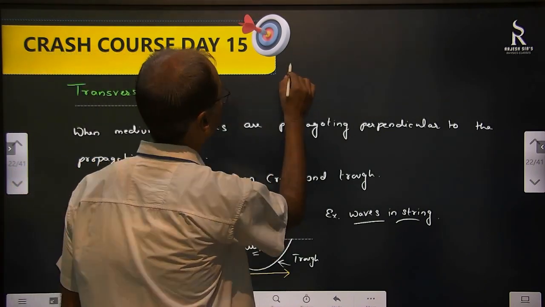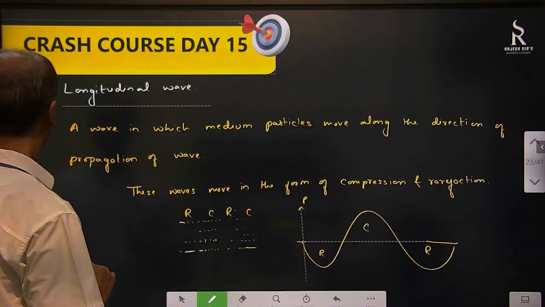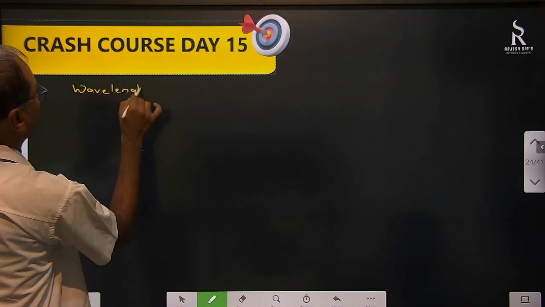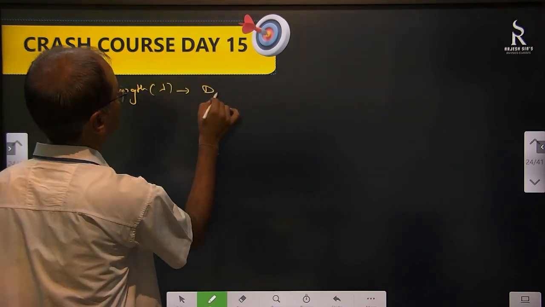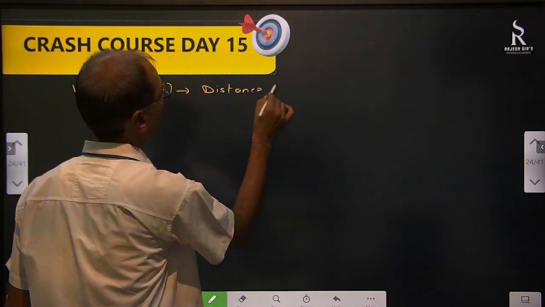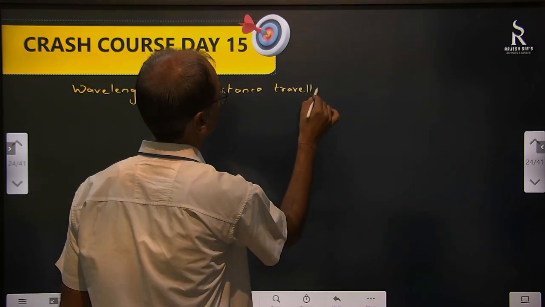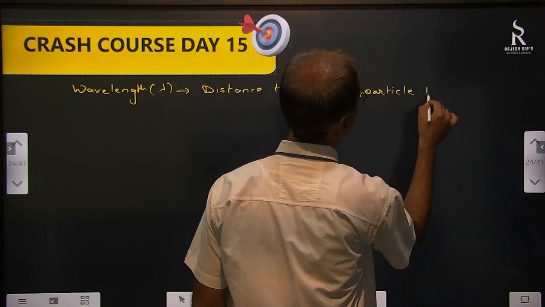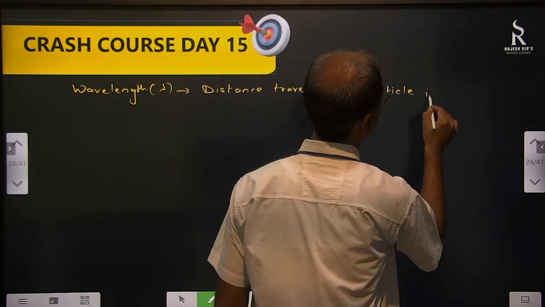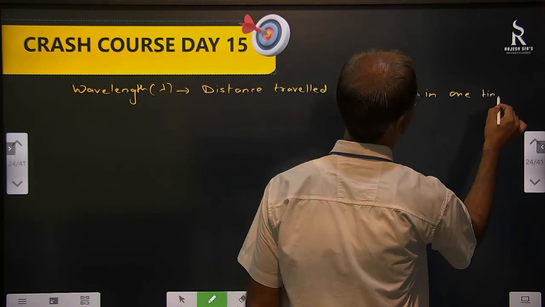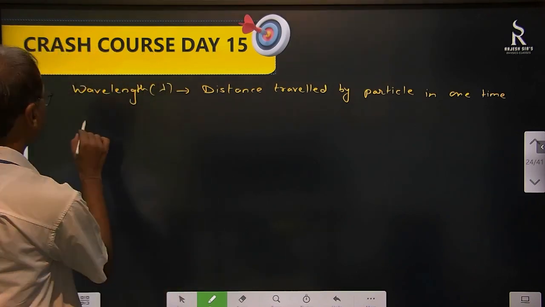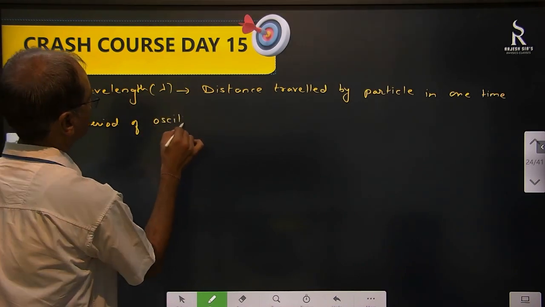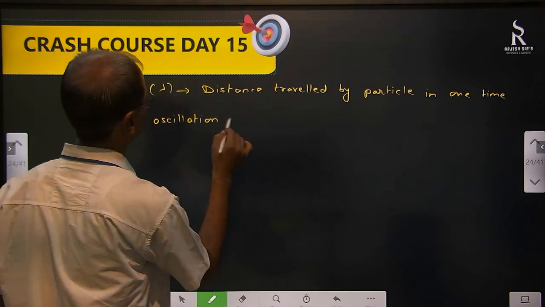So I'll write it over here, wavelength lambda: distance traveled by the particle in one time period of oscillation of particles.